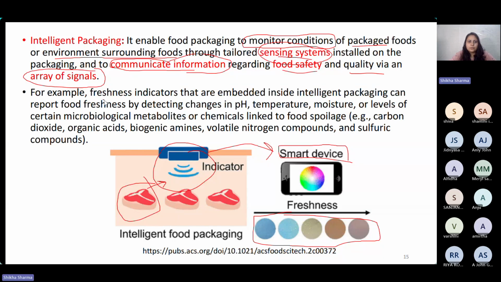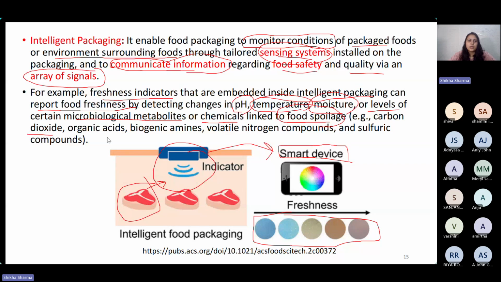So for example, freshness indicators that are embedded inside the intelligent packaging can report food freshness by detecting the change in color or change in pH, temperature, moisture, or the level of microbial metabolites or chemicals which microorganisms produce, which are related to food spoilage, like carbon dioxide content.